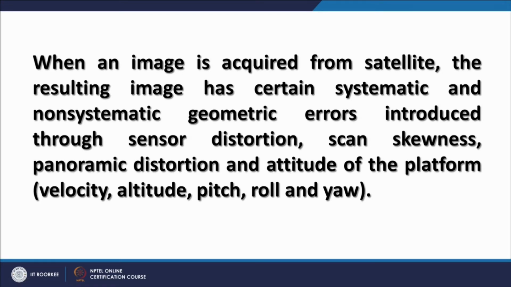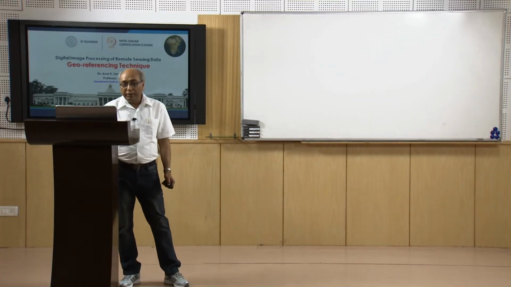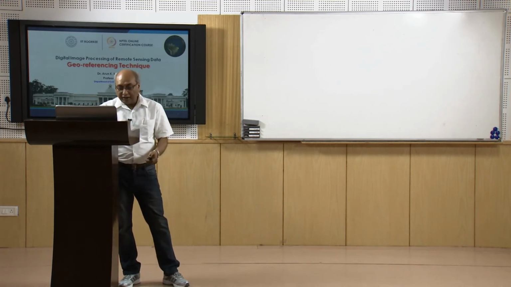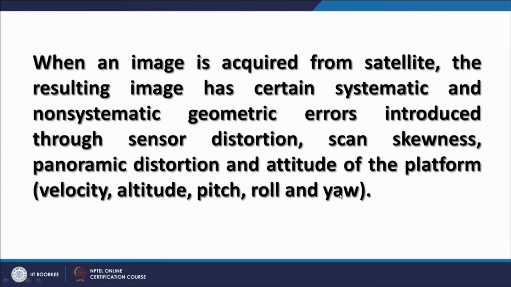Though we say they are in a fixed orbit, really they are a free flying kind of thing. So they may have distortions like pitch, roll and yaw, and all these movements of a sensor will bring distortions in your image, and our aim is to remove all of these in one go using this georeferencing technique.